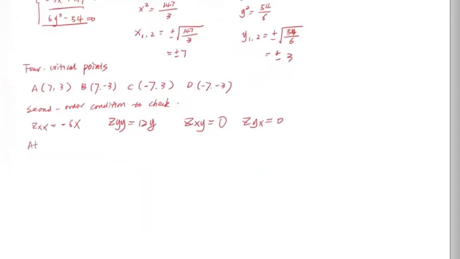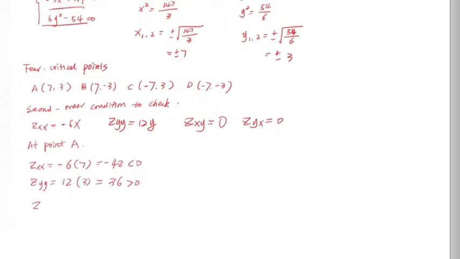At point A, for the zxx is equal to negative 6 times 7, which is negative 42, smaller than 0. Zyy is equal to 12 times 3 equal to 36, greater than 0.